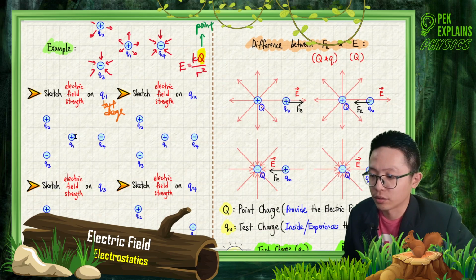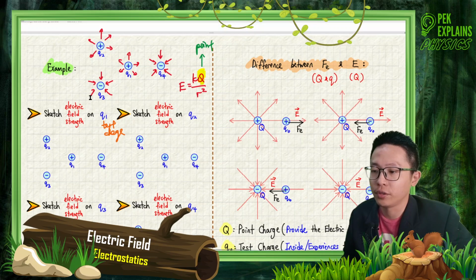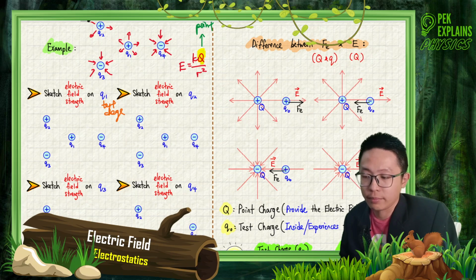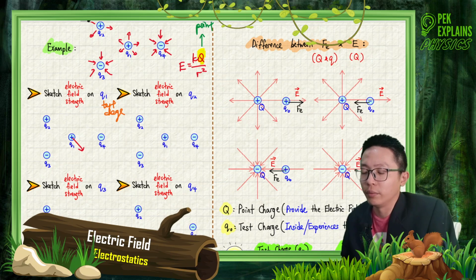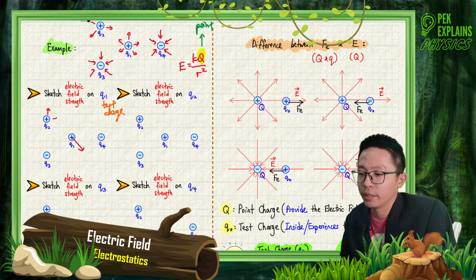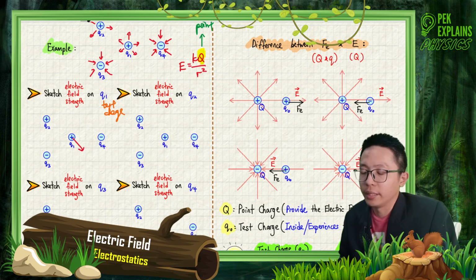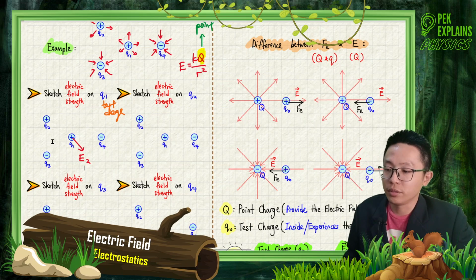For Q2, the electric field is going away. At the position of Q1, the test charge, the electric field provided by Q2 is in this direction, because it is going away. So you just label this E2.